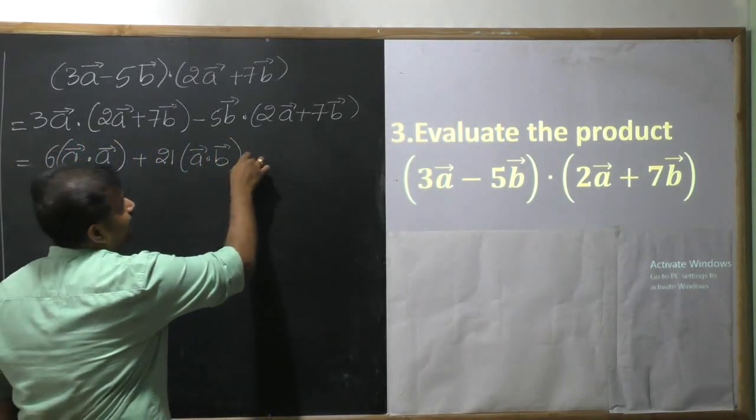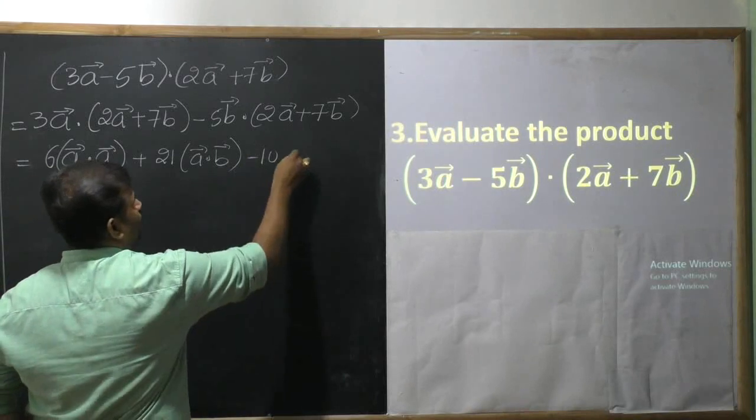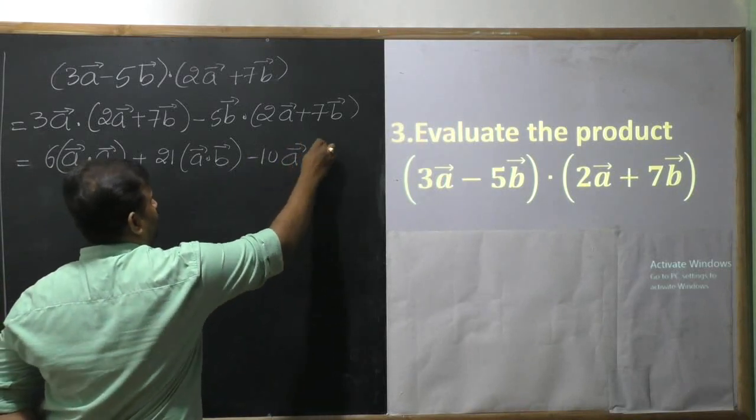Next, minus 10 into vector a dot vector b.